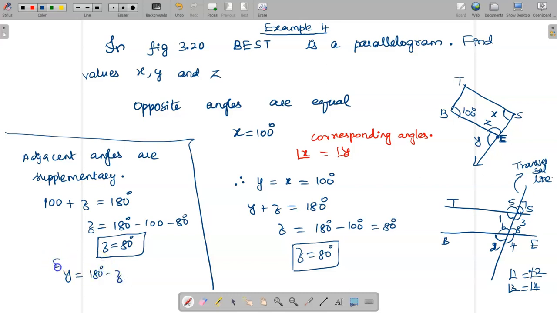Exterior angle measure is equal to 180 degrees minus interior angle measure. So 180 minus 80 is 100 degrees, so y is equal to 100. I can easily find it this way also. So you have different rules, different properties, and using them you can solve the problem in any manner.